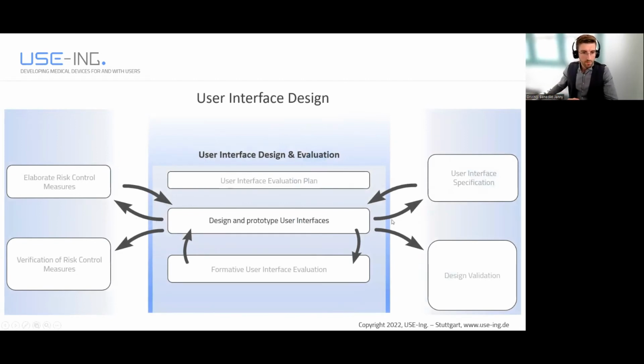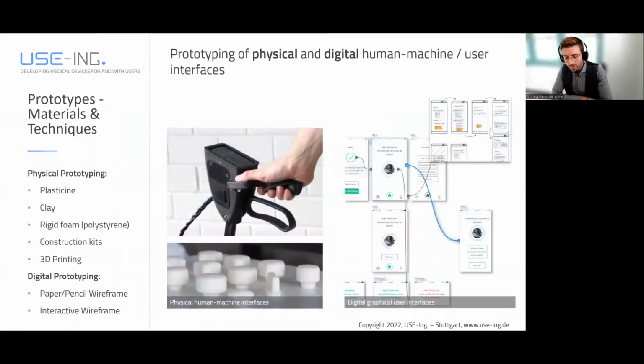The prototypes are in between our user interface evaluation planning and the actual performing of the user interface evaluation. So we may pay close attention to create a high frequency of prototypes, depending a lot on the kind of product that you're building.